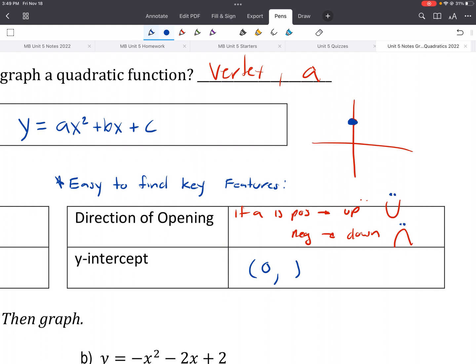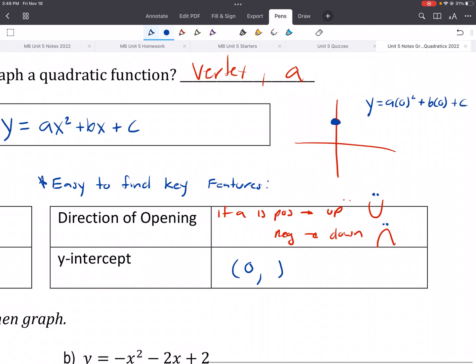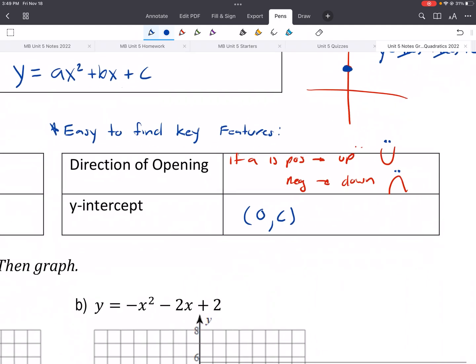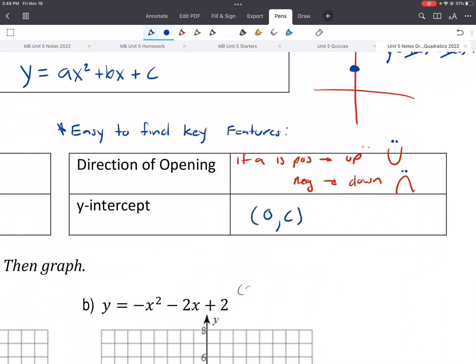If we plug 0 in for these x's, we would have y equals a times 0 squared plus b times 0, and then plus c. All of that would be 0, so all we have is c. So the y-intercept is always that constant. For example, right here, the y-intercept has got to be (0, 2). Super easy to find. Don't have to show any work.